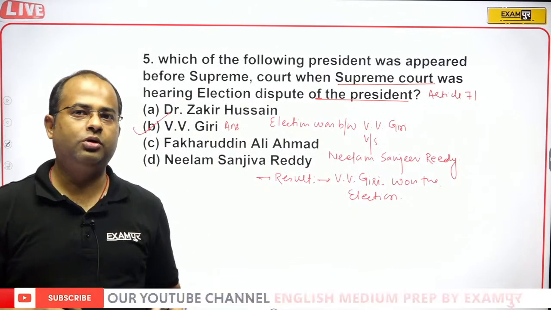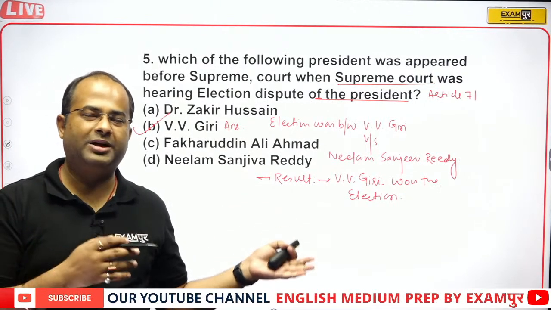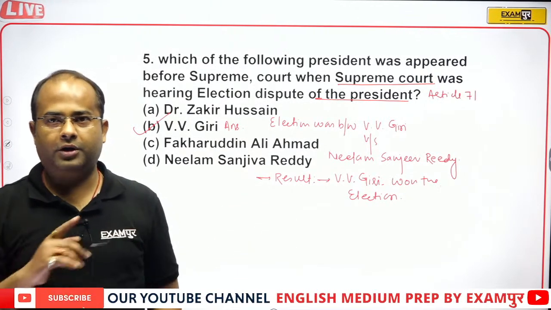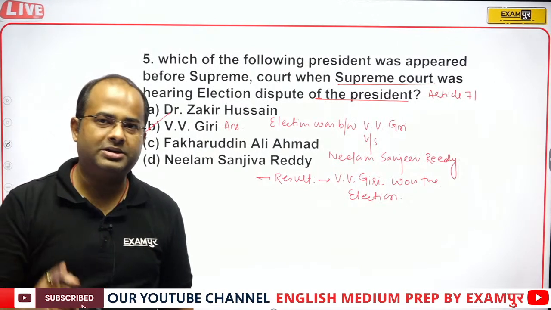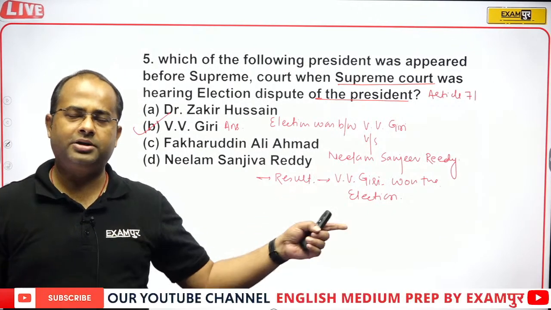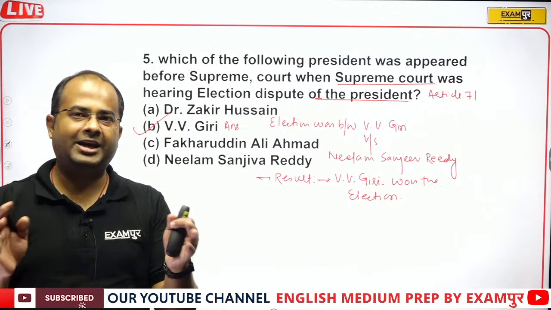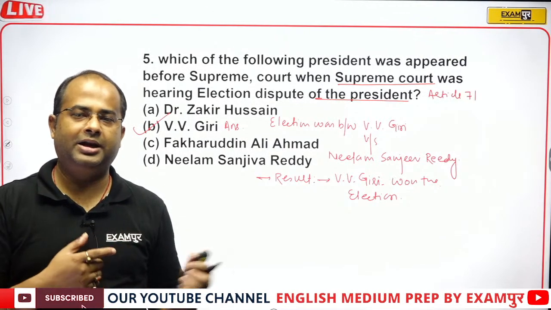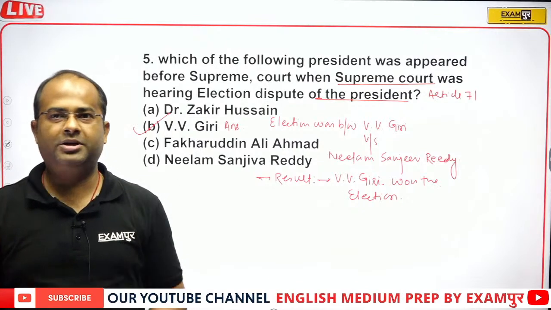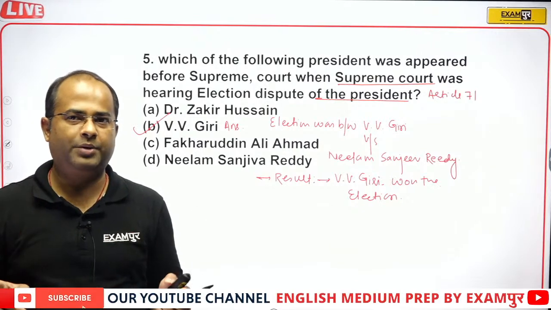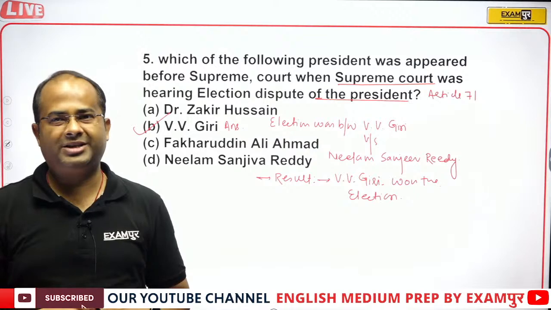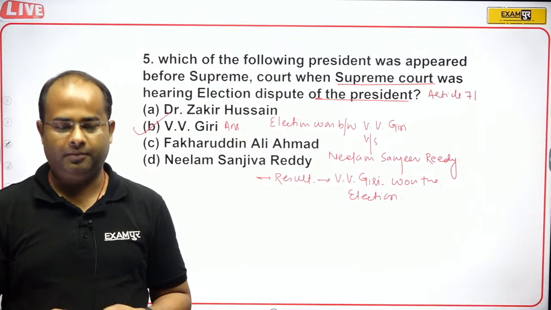So this is the whole story of why V.V. Giri had to be present before the Supreme Court for the dispute related to the presidential election. And it is mentioned in Article 71 of the Indian Constitution itself that if any type of dispute arises in the election of the President or Vice President, the solution will be given by the Supreme Court, and whatever the Supreme Court says should be full and final.